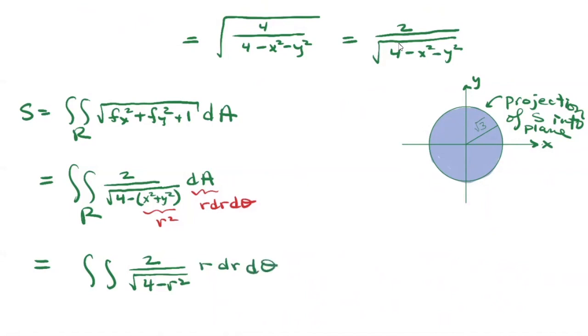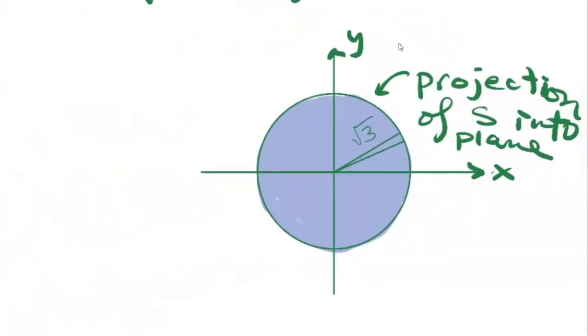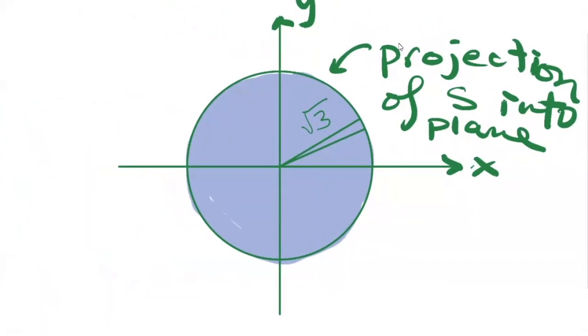Remember, you're not integrating over the whole sphere or hemisphere, you're integrating over a circle whose radius is the square root of 3. So if I draw that little patch here in polar, my little patch is just part of one of these slices.